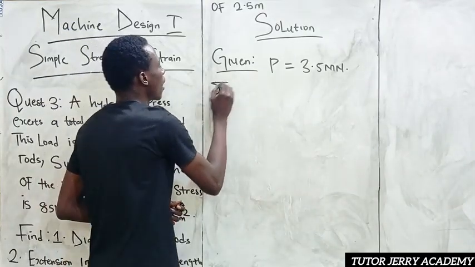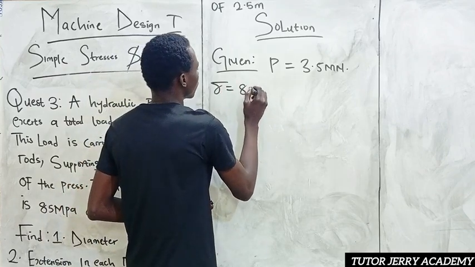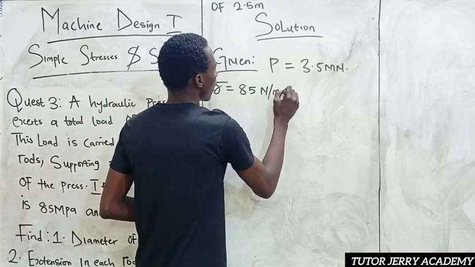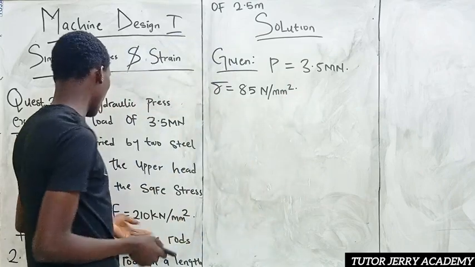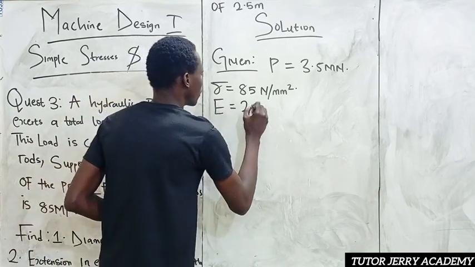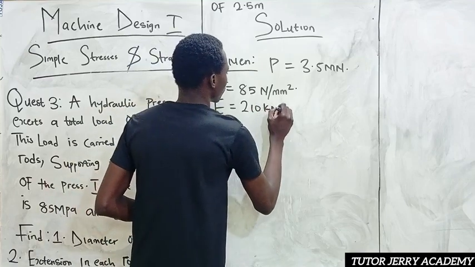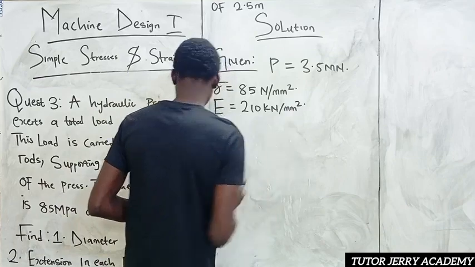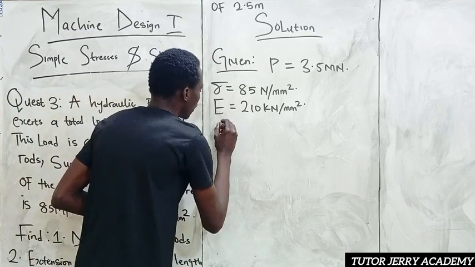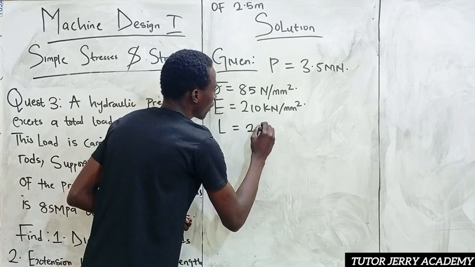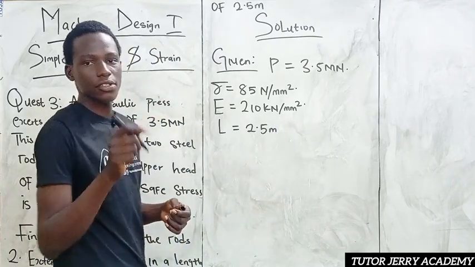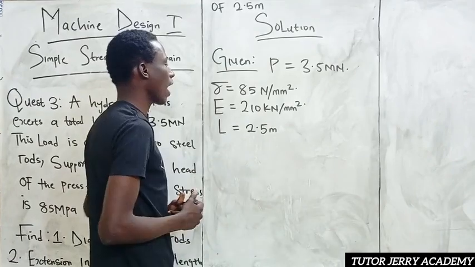So our stress, sigma, will be equal to 85 megapascal, which is 85 newton per millimeter square. Next, we have our Young's modulus, E, equal to 210 kilonewton per millimeter square. And lastly, we have a length of 2.5 meter. These are our parameters.